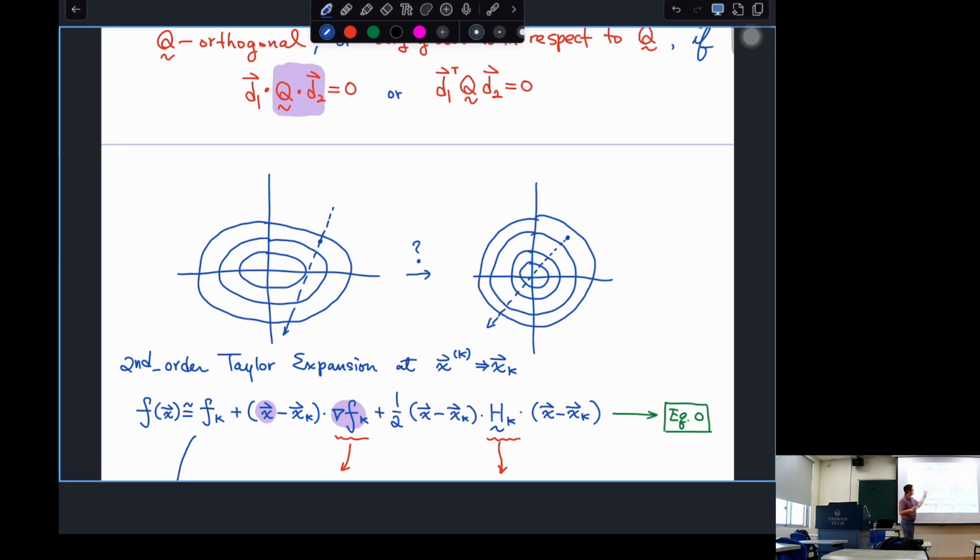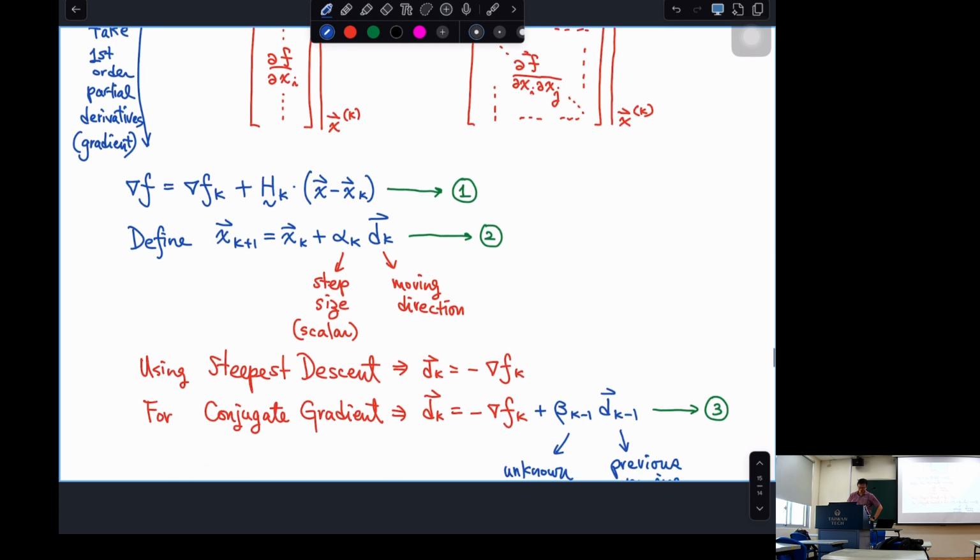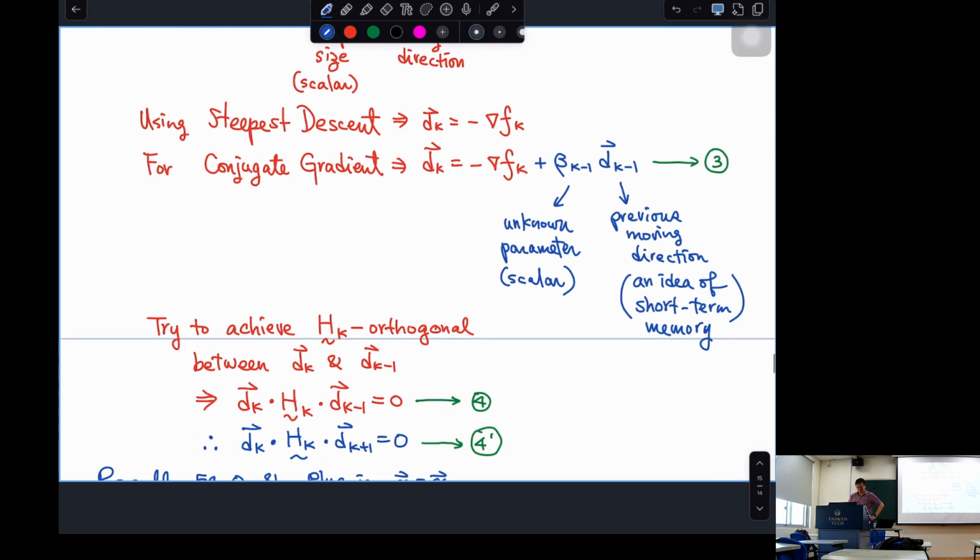So the idea is, what is the transformation to achieve this? That's the idea of H-orthogonal. It's not very straightforward, and also the derivation is not very straightforward. But anyway, let's see how it looks in MATLAB.